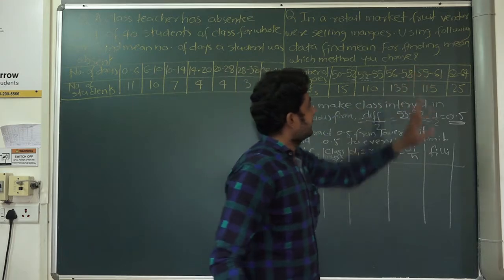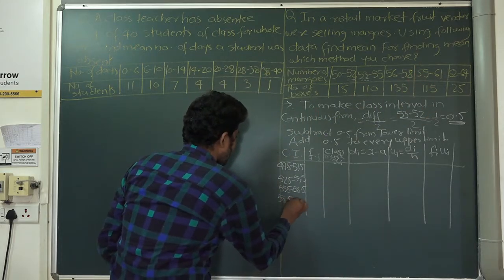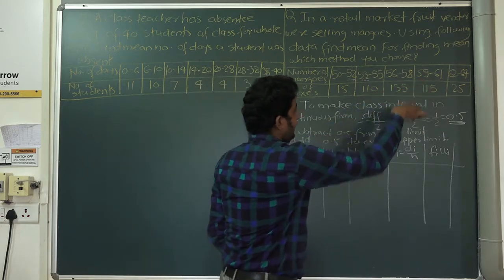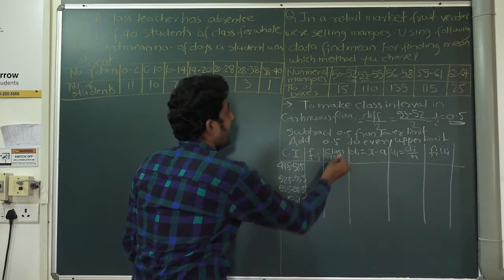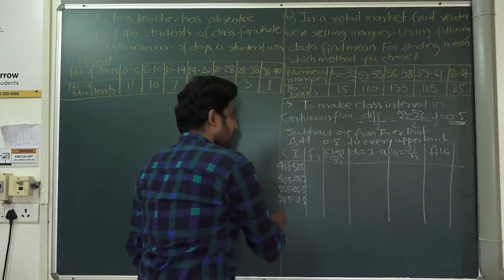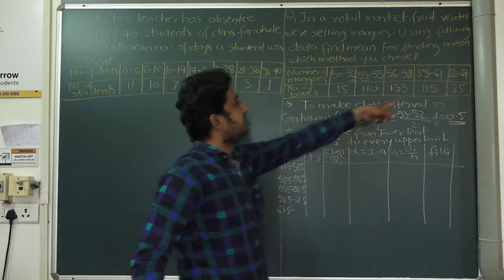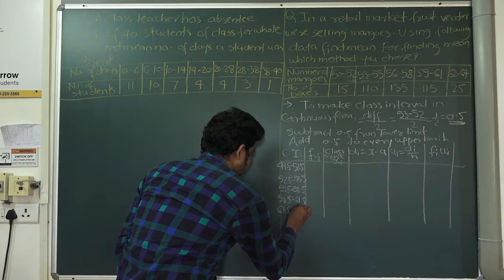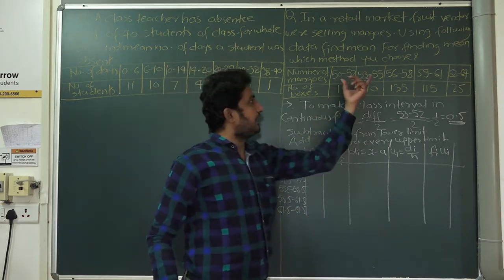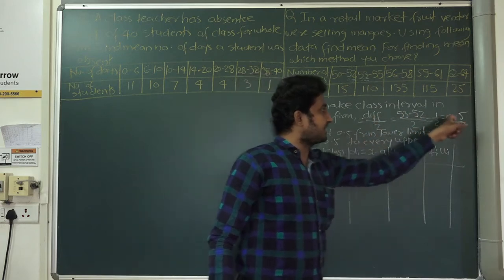Again, subtract, it is 58.5. Add, that becomes 61.5. Again subtract 62 minus 0.5, that becomes 61.5, and here add, so 64.5. So dear students, here we have to make some adjustment using this correction factor.